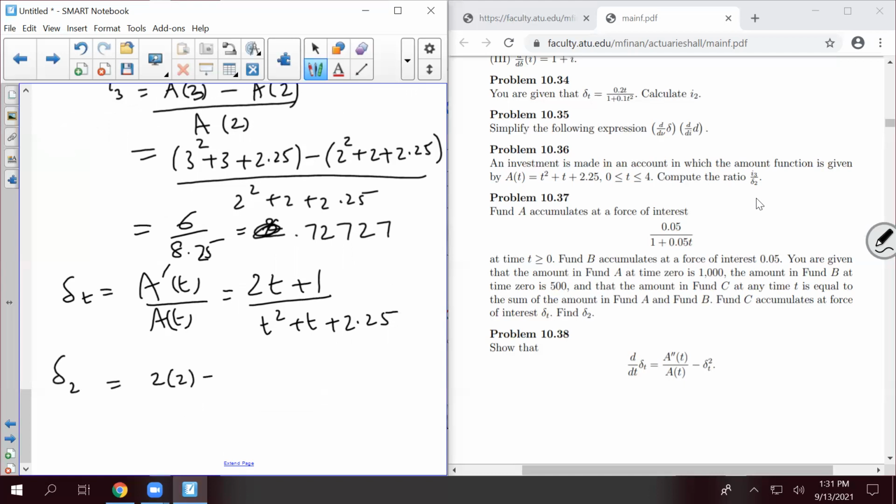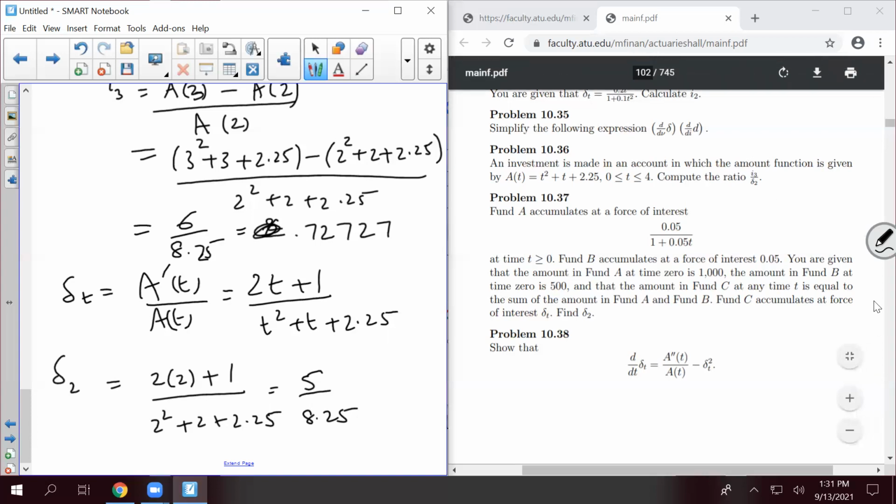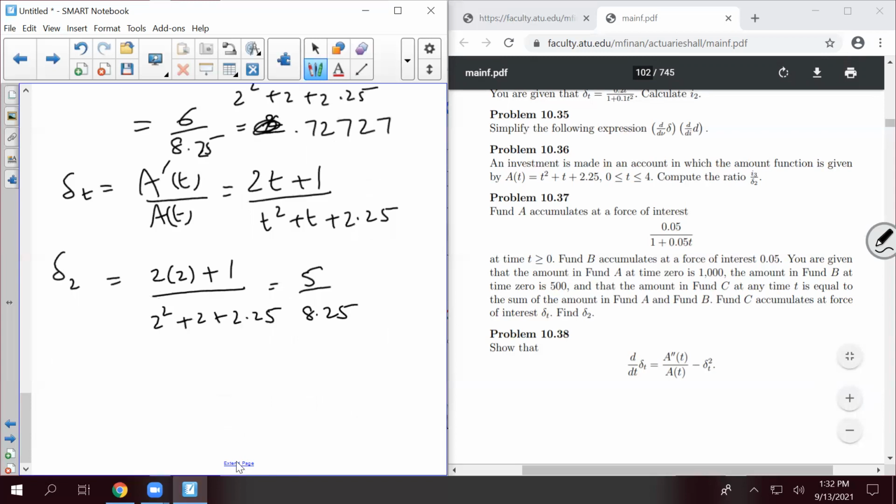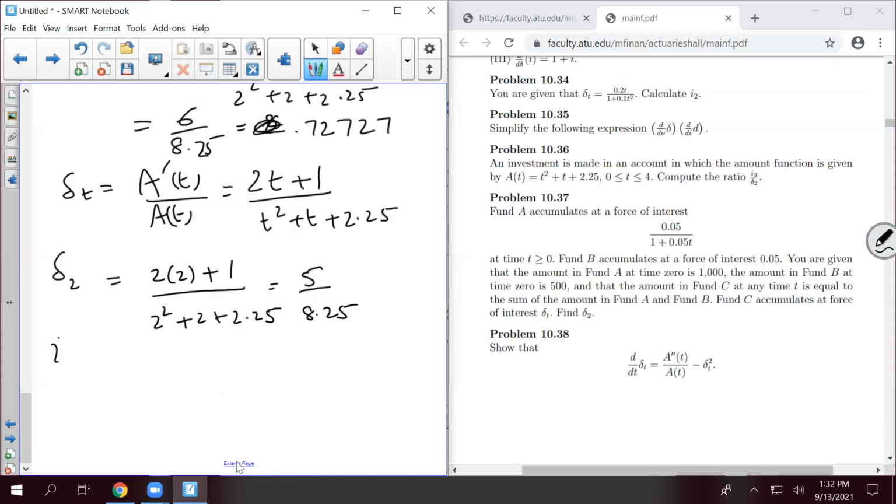So 2 times 2 plus 1 over 2 squared plus 2 plus 2.25, which is 5 over 8.25. Actually, we could have left I3 as 6 over 8.25 because we have to take the ratio. We want I3 over delta 2, so that means 6 over 8.25 divided by 5 over 8.25, which equals 1.2.